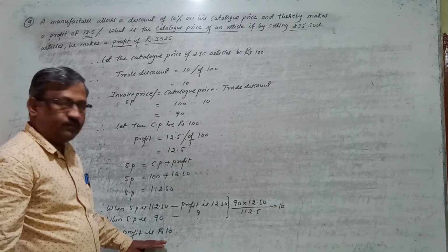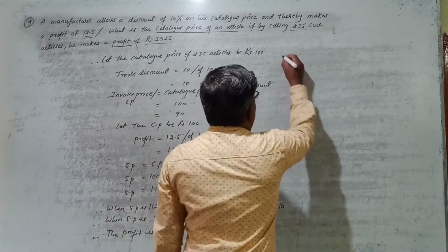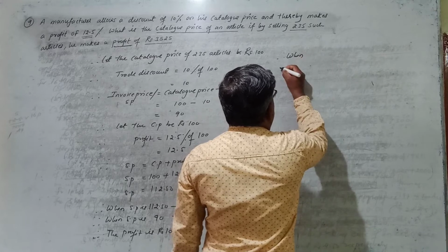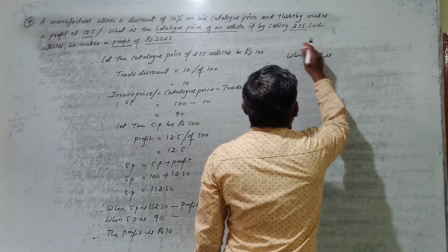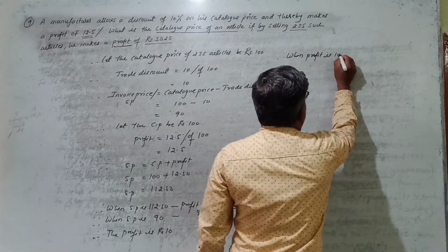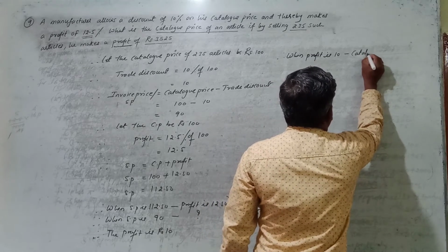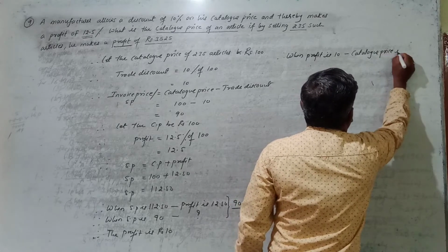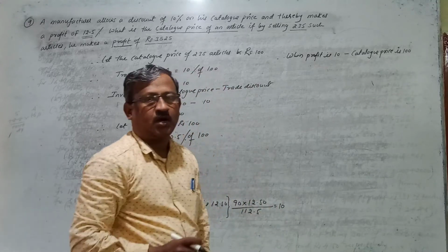So again like this, you have to put the equations. So let's put the equation again. Equation is when profit is, what is the profit here? 10 rupees. When profit is 10 rupees, at that time, what is the catalog price? Catalog price is rupees how much? 100.